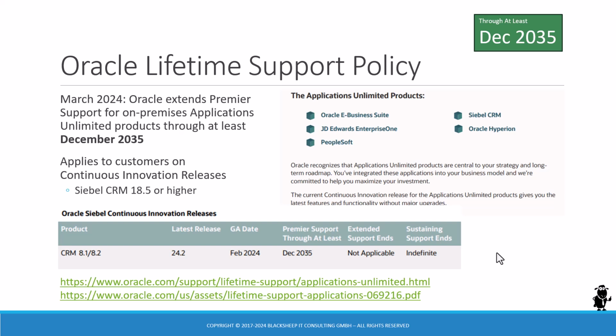It is also typically in the month of March that Oracle extends the lifetime support or the premier support for all on-premises applications unlimited, of which Siebel CRM is a member. And as it happened in March 2024, Oracle extended the premier support for Siebel CRM and all other applications unlimited to at least December 2035.